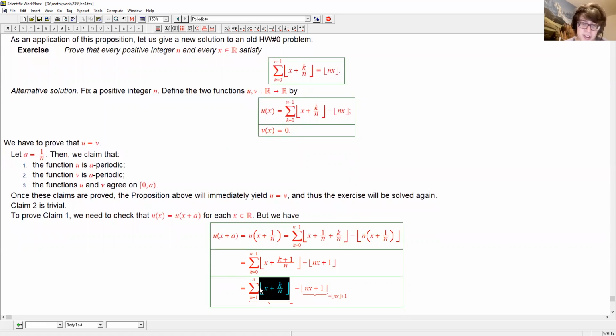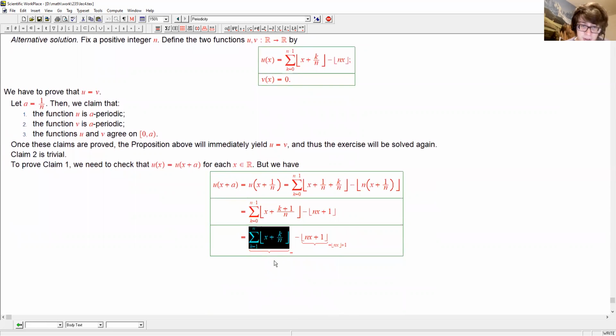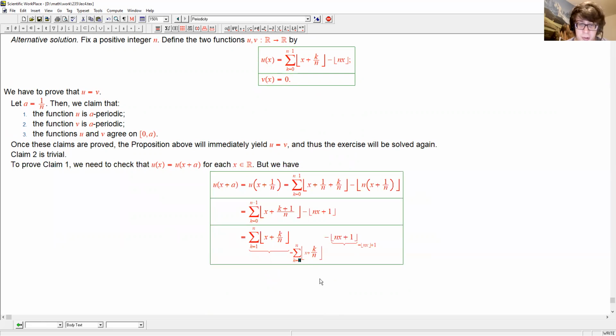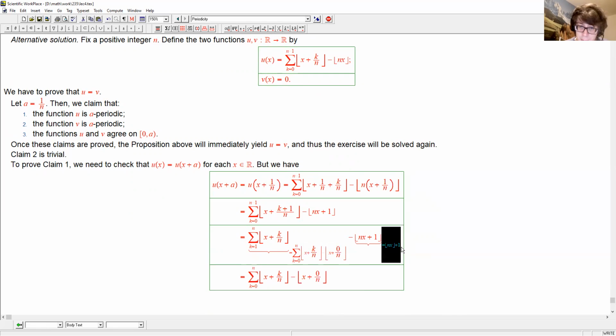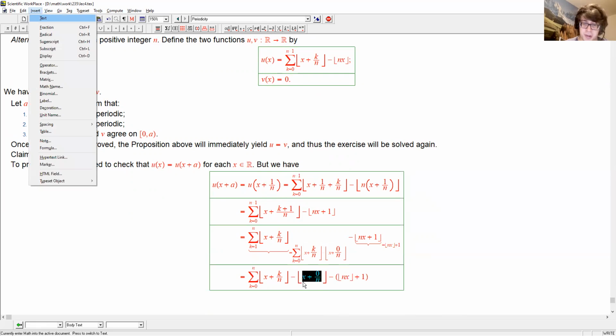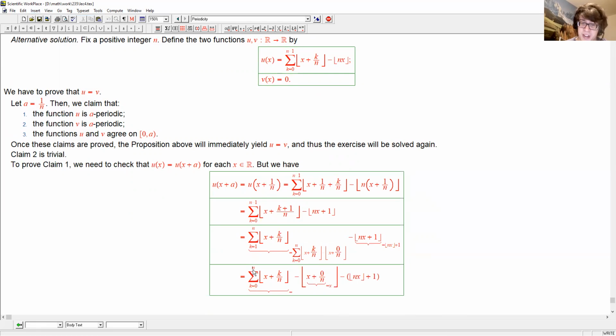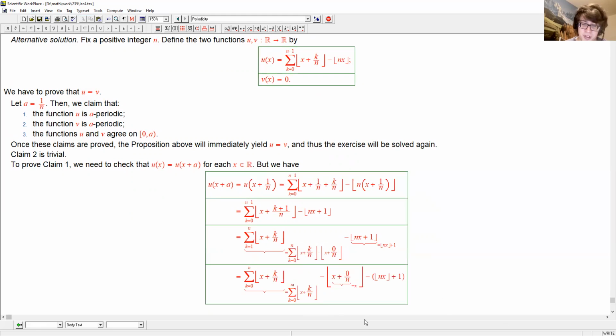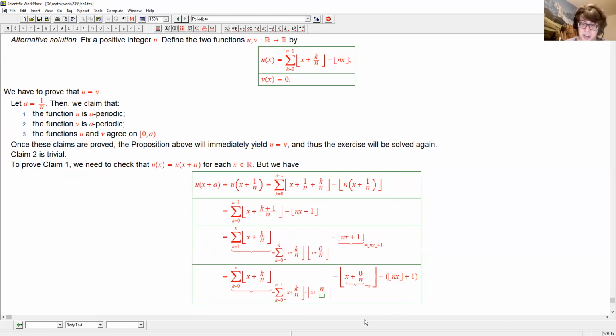Now let's look again at the sum. It goes from 1 to n. We wanted to go from 0 to n minus 1, so let's tweak it. First of all, we extend it to go from 0 to n, and then we subtract this new addend back. So let's repeat it here. x plus 0 over n, of course, is just x. And now we split off this new addend for case n. So we let the sum go to n minus 1, and then we put that last addend separately.